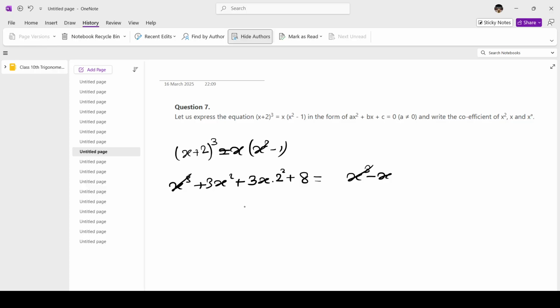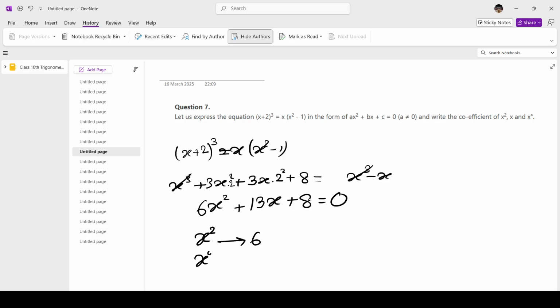After solving it, this will come x square plus 13x plus something equal to 0. So the coefficient of x square is 6.